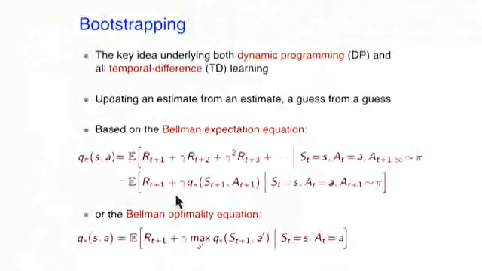Okay, now I said it's the Bellman equation, but there's 2 of them. This is for expectations, and then this one is for optimality. So this is for Q pi, for any pi. This is going to be for pi star, for the optimal policy. Okay, so the optimal action value function has a Bellman equation.